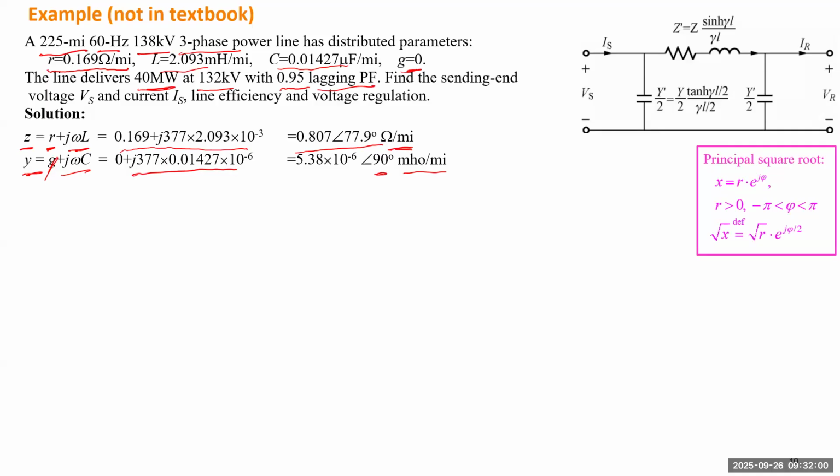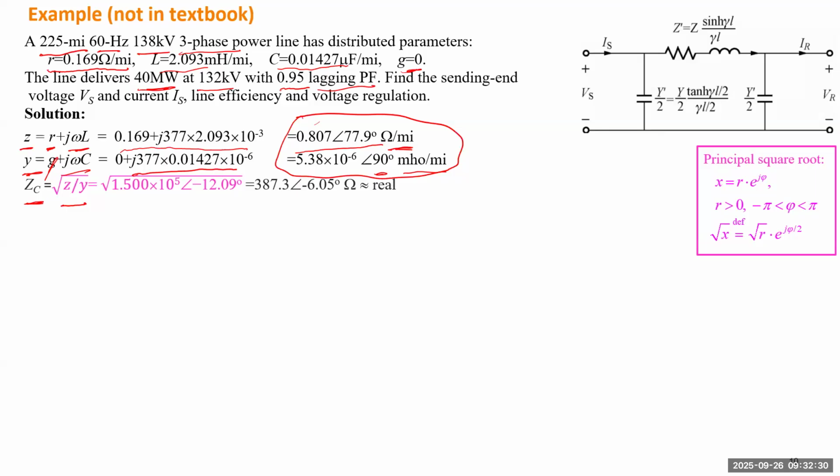Keep in mind in the following, when we calculate gamma, we need to utilize this definition, the principal square root. First, we calculate ZC, called the surge impedance, defined to be the square root of the division of Z by Y. It's easier to calculate the division using the polar form.